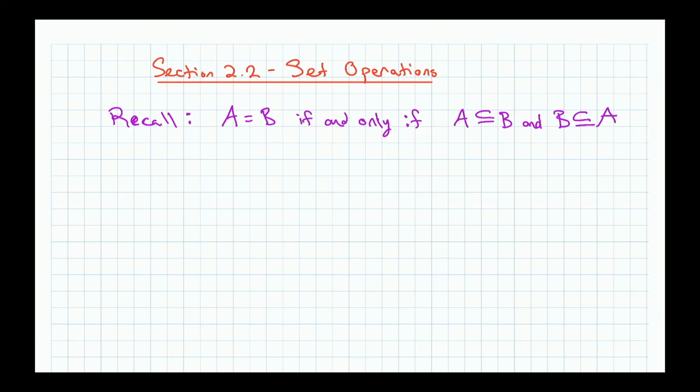All right, so we'll be needing this definition maybe at one or two points today. Also, here's another thing.